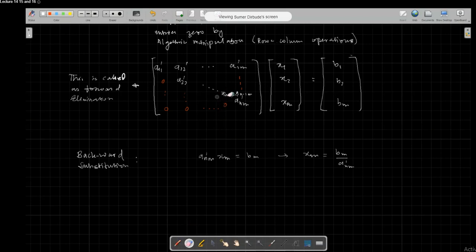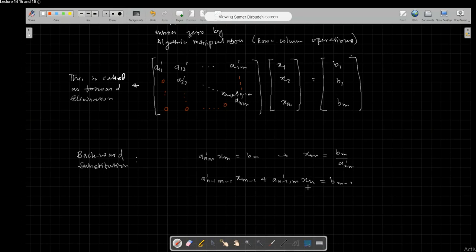Only two are there. So from the second equation, we have a prime n minus 1 m minus 1 times x m minus 1 plus a prime n minus 1 m times xm is equal to bm minus 1.